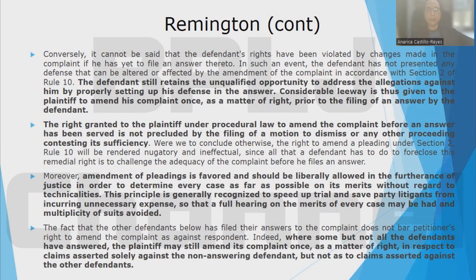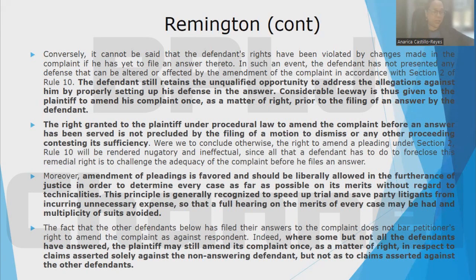The defendant still retains the unqualified opportunity to address the allegations against him by properly setting up his defense in the answer. Considerable leeway is given to the plaintiff to amend his complaint once as a matter of right prior to the filing of the answer by the defendant.